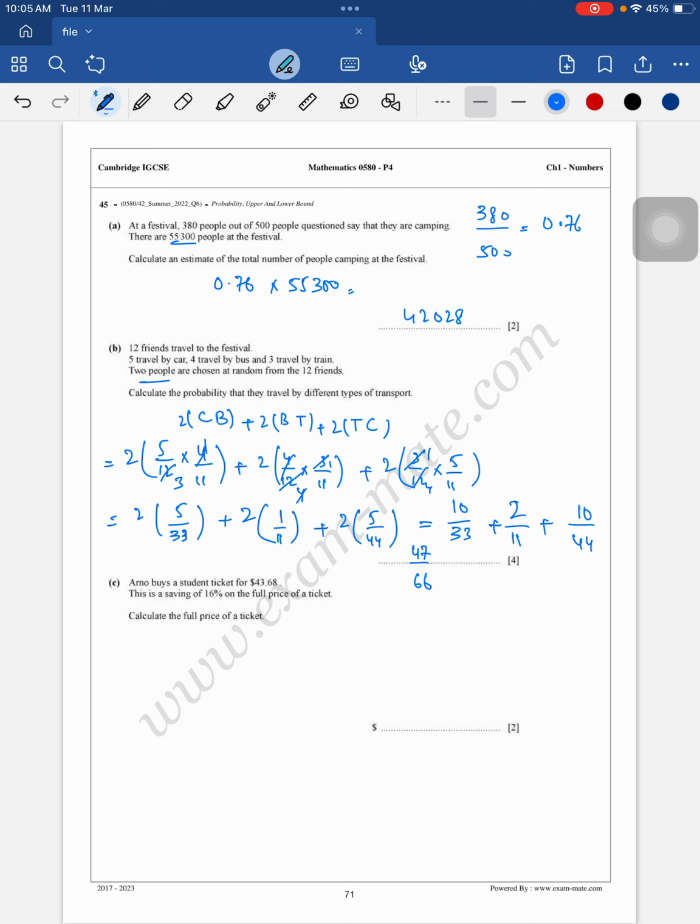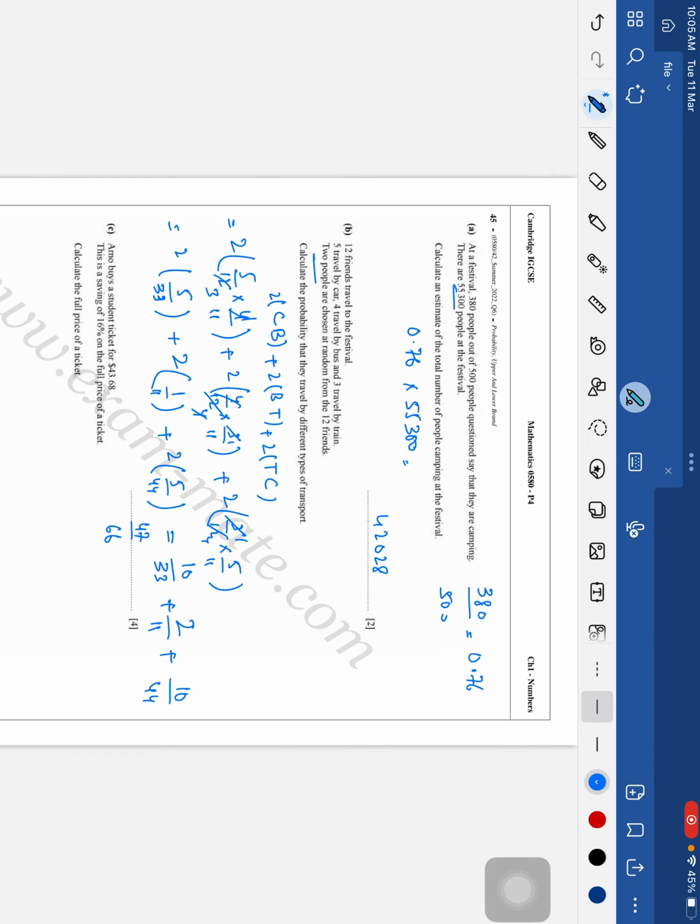Clear? Emo buys a student ticket for $43.68. There is a saving of 16% on the full price of a ticket. Calculate the full price of a ticket. Saving of 16%. So the price which she has paid is after a saving of 16%, right?